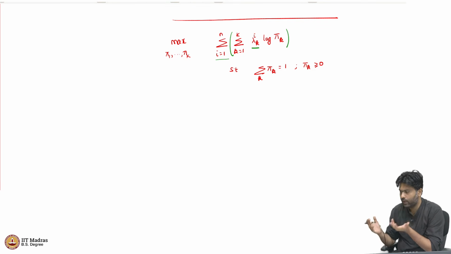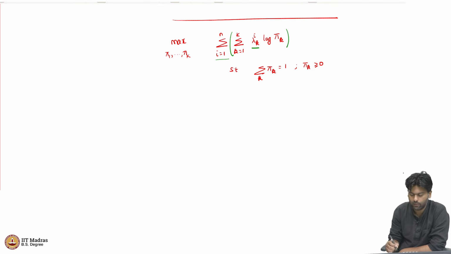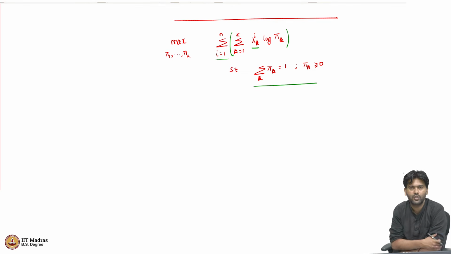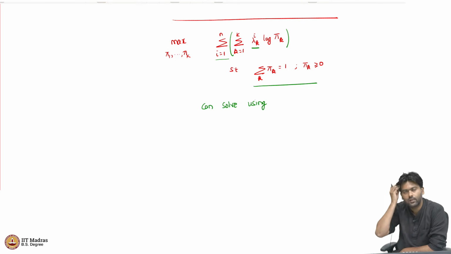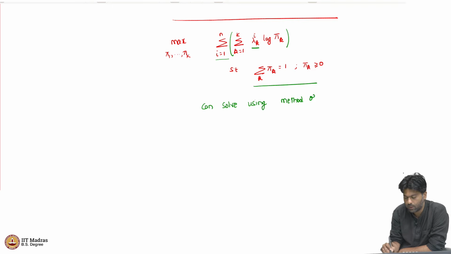Of course, there is a constraint here, which is what will typically cause an issue, but you can solve this using standard constraint optimization techniques. If you've seen some constraint optimization techniques, you may be familiar with the method of Lagrange multipliers.